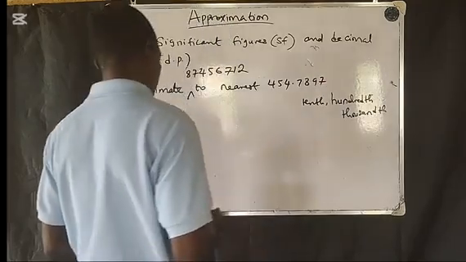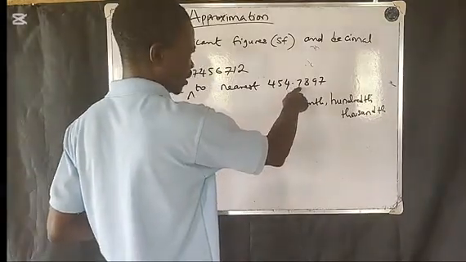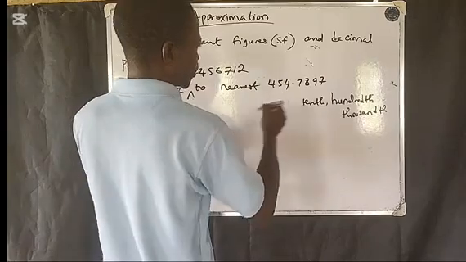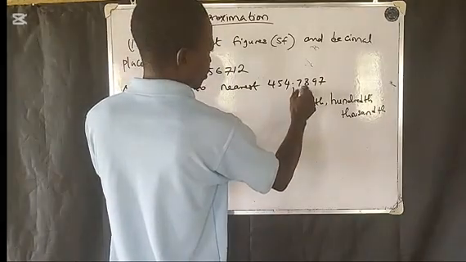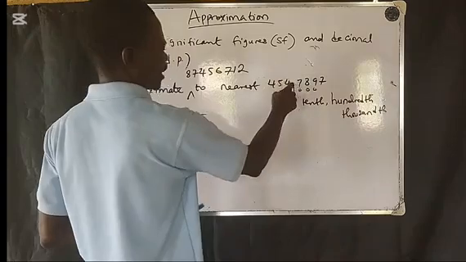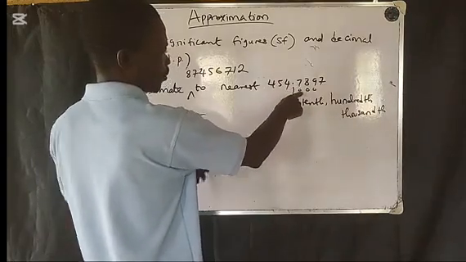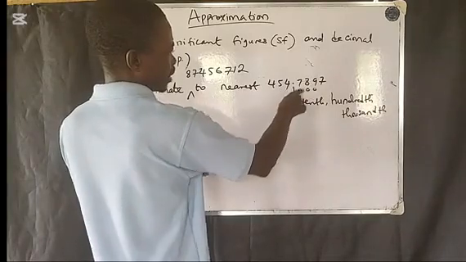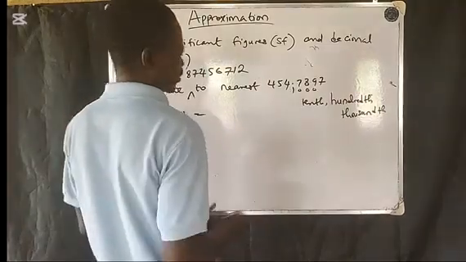So now the nearest tenth means the first digit after the point. The trick is to write 1 here, and after 1, write 0 0 0. So you can see under the decimal point, put 1. Here means nearest tenth, 7. 8 is the nearest hundredth. 9 is the nearest thousandth.